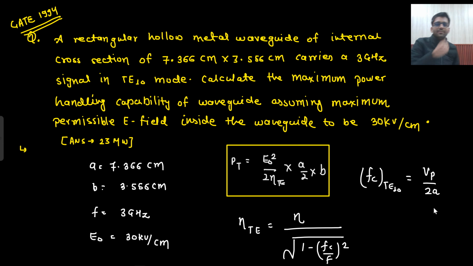Yes, Vp by 2A. Here they did not mention any medium, so I will assume air. I cannot do anything because they did not mention any medium. So Vp will be 3 into 10 to the power 8 divided by 2 into 7.366 into 10 to the power minus 2.